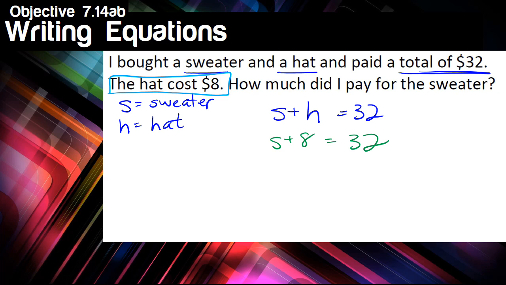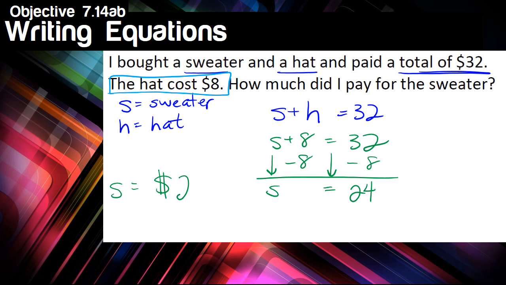And now let's figure out what S is going to be equal to. So let's go ahead and subtract 8 from both sides. So we know that our sweater is equal to 24. And so we need to give that a proper label. Our sweater is equal to $24.